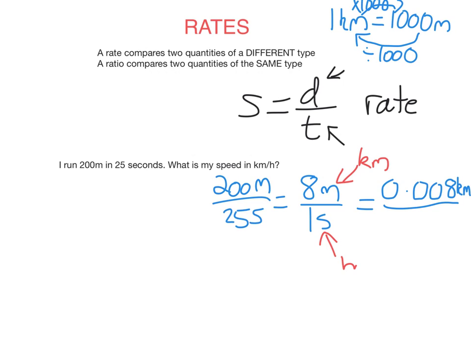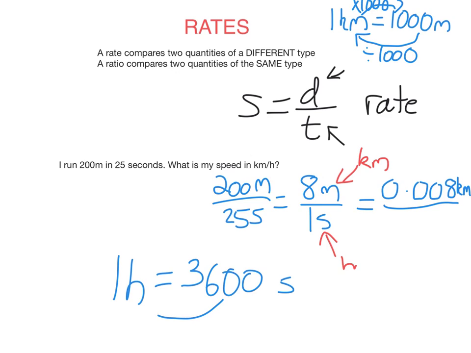Now we're going to convert seconds to hours. So 1 hour equals 60 minutes. It equals 60 minutes times 60 seconds. So 60 times 60, if you put on your calculator, is 3,600. So therefore, there are 3,600 seconds in 1 hour. So same as what we did before.